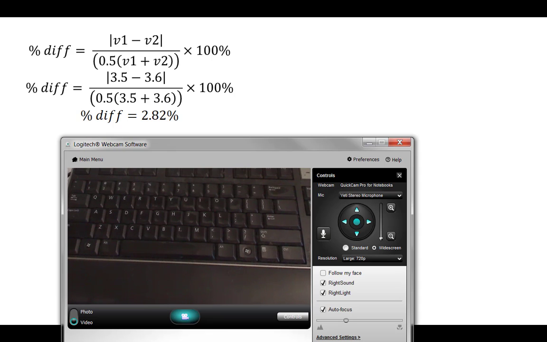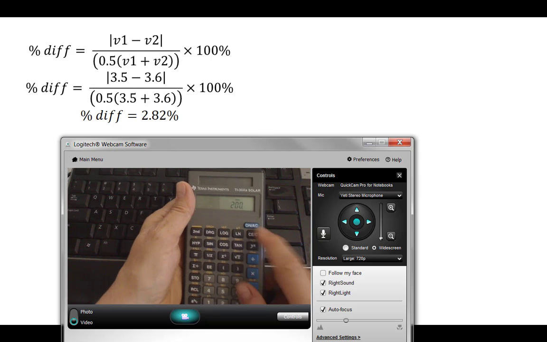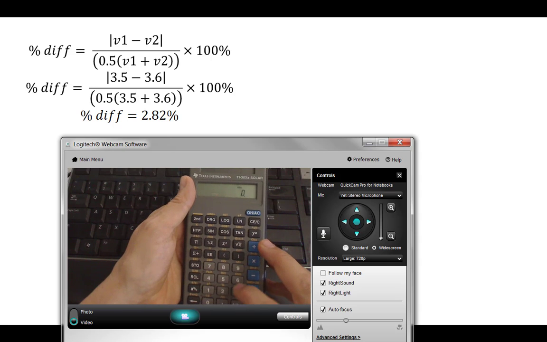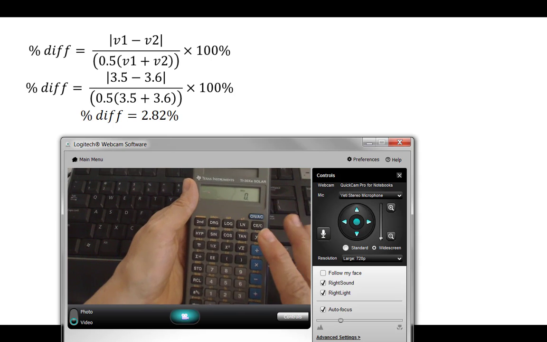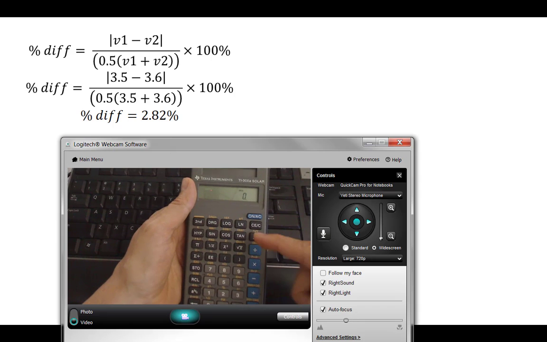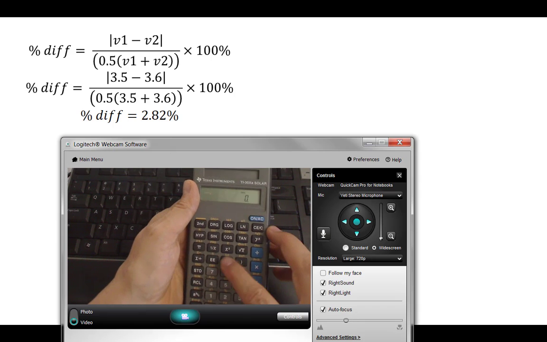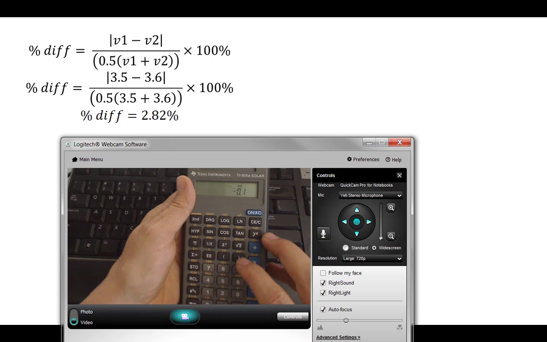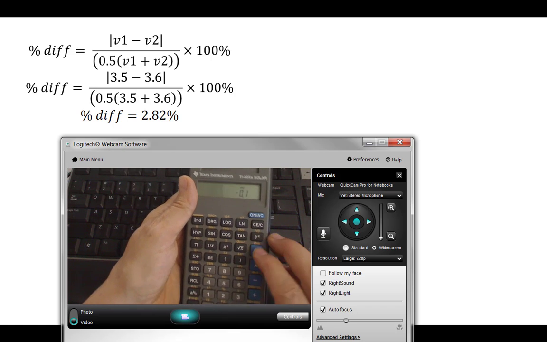If I want to enter this on any of the other calculators, I have to do the exact same thing. I have to use all those parentheses. Okay, on this calculator, I would have to use the same parentheses as I did on the previous one. So 3.5 minus 3.6, negative 0.1, that makes sense.